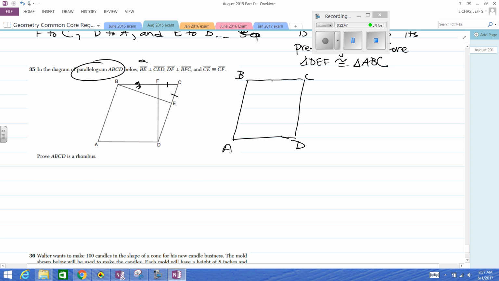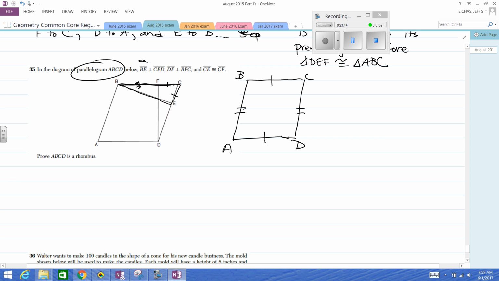Let's see. Will that help me? Oh, yeah. So this side's equal to that one. This side's congruent to that one. Is parallel going to help us here? What if we got these two triangles the same?